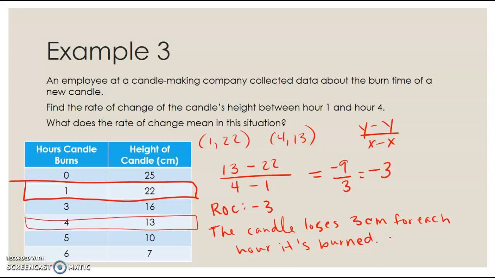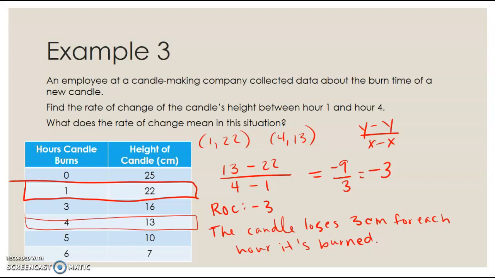So basically every hour that we burn the candle, it's going to lose 3 centimeters of height. So however you want to, but it's going to be worded in that way, that the candle loses 3 centimeters for each hour that it is burned, or the height decreases by 3 centimeters each hour, something along those lines.